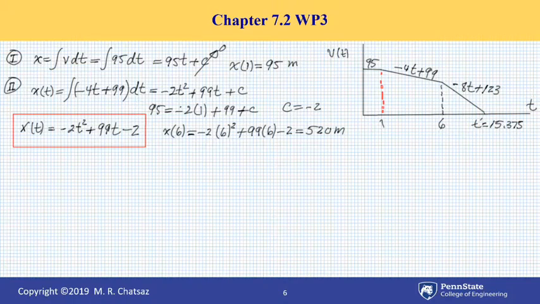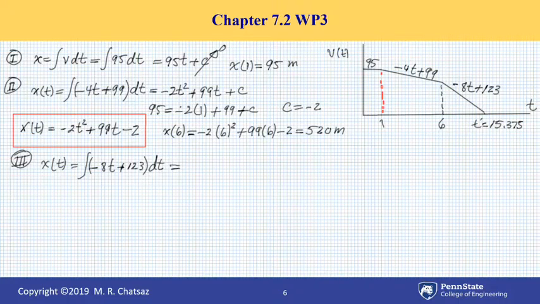So let's continue with phase 3. Again, x as a function of time is the integral of v dt, but we found v to be minus 8t plus 123 times dt.